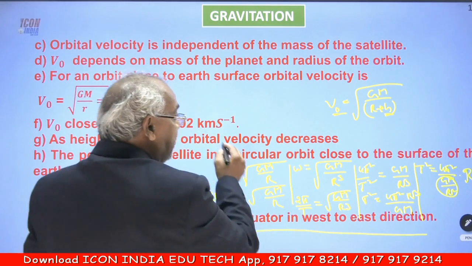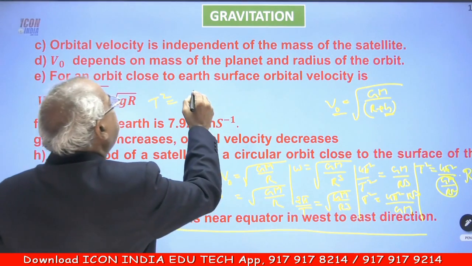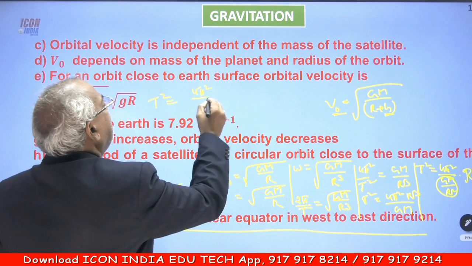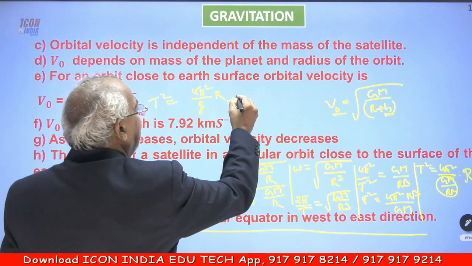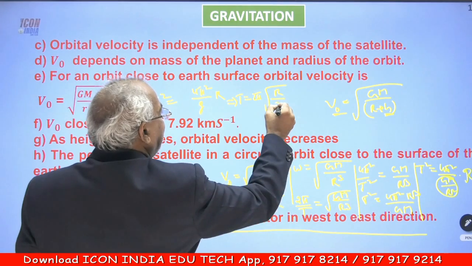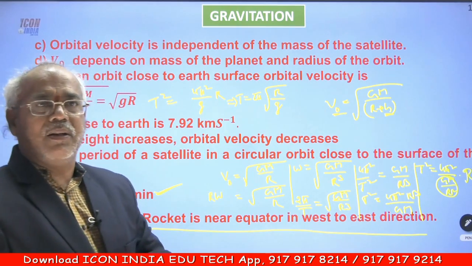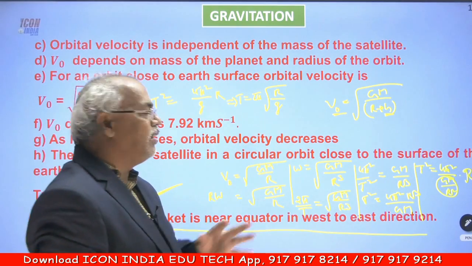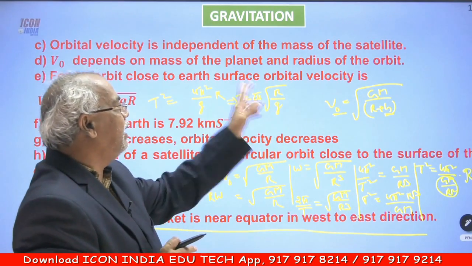So T square is equal to 4 pi square by g into R, which implies T is equal to 2 pi root R by g. Here R is the radius of the earth and g is the acceleration due to gravity. You substitute the values of R and g.